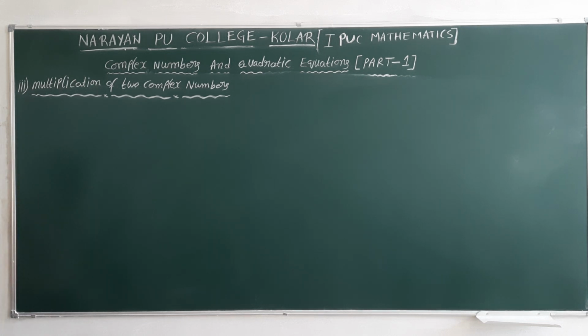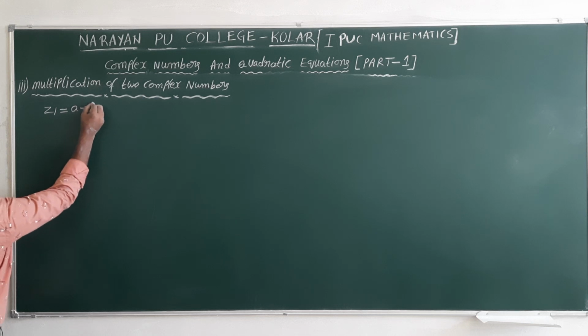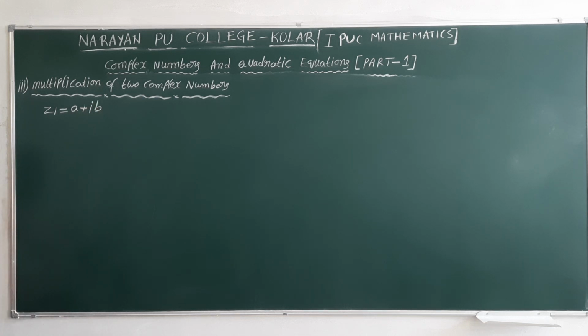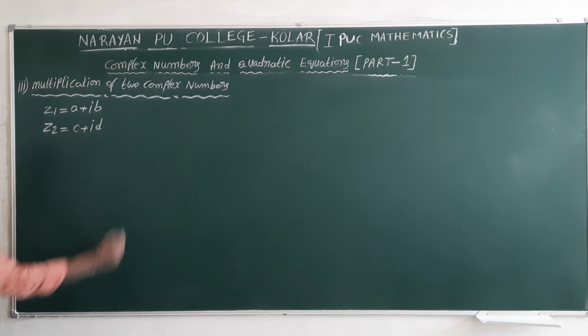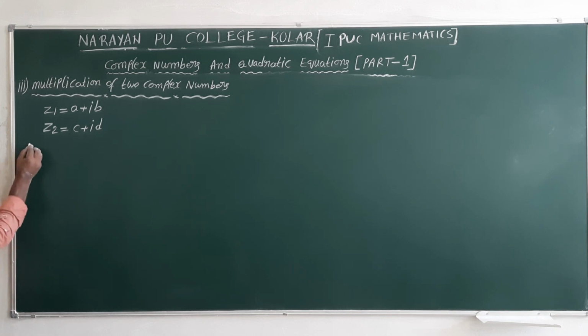Let us take the first complex number Z1 equal to A plus IB, and Z2 is C plus ID. The multiplication of two complex numbers is defined by Z1 into Z2, or otherwise Z1 Z2.